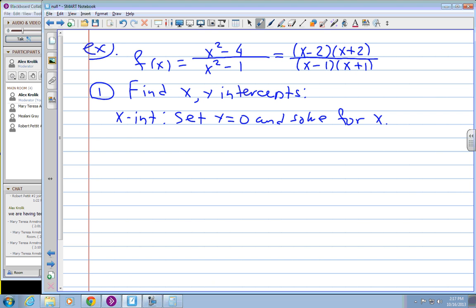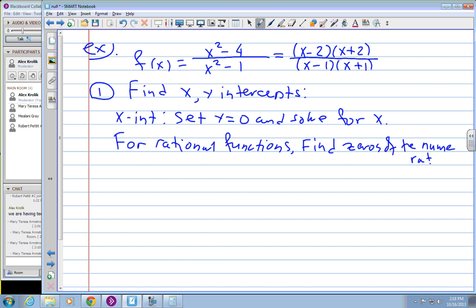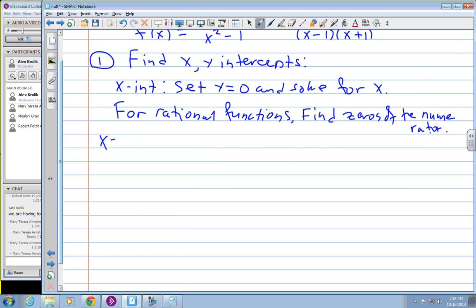So those are your two x-intercepts. For rational functions, all we have to do is find the zeros of the numerator. If the numerator equals 0, then the whole fraction equals 0.